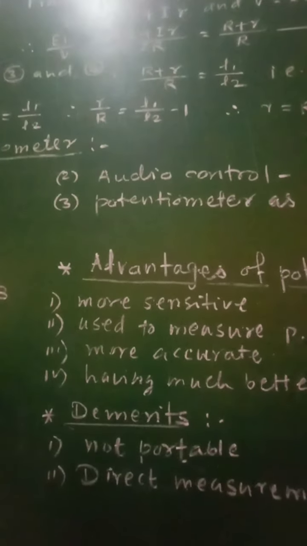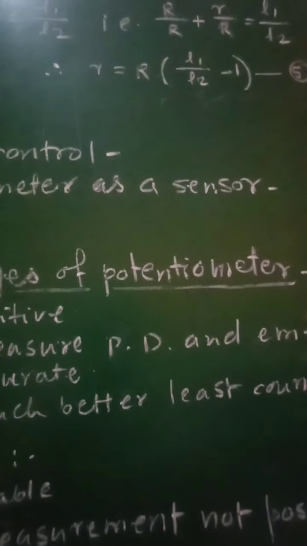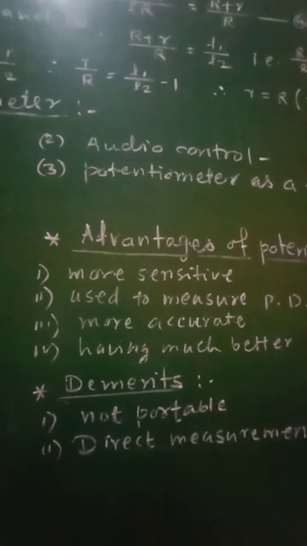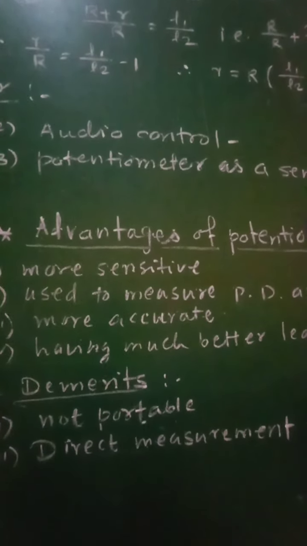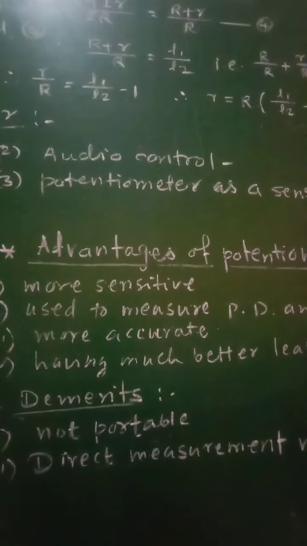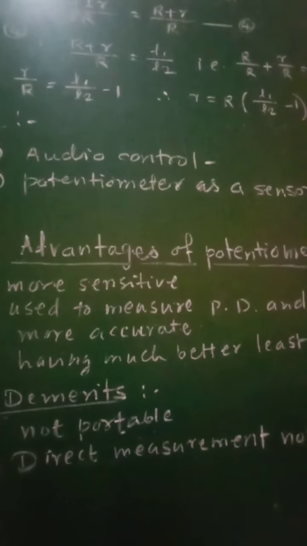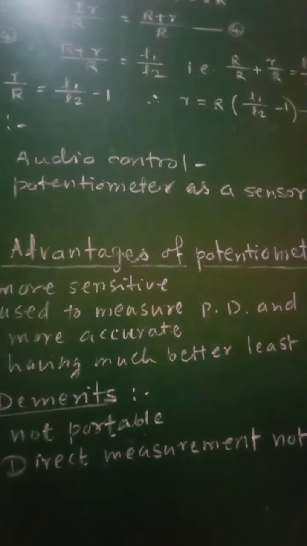Then go for the third application, that is potentiometer as a sensor. If the slider of the potentiometer is connected to the moving part of a machine, it can work as a motion sensor.